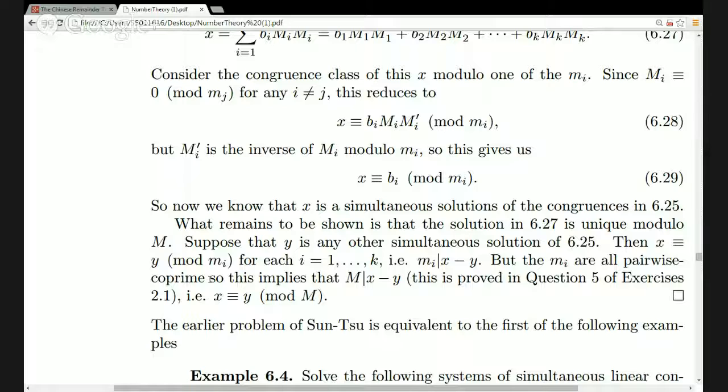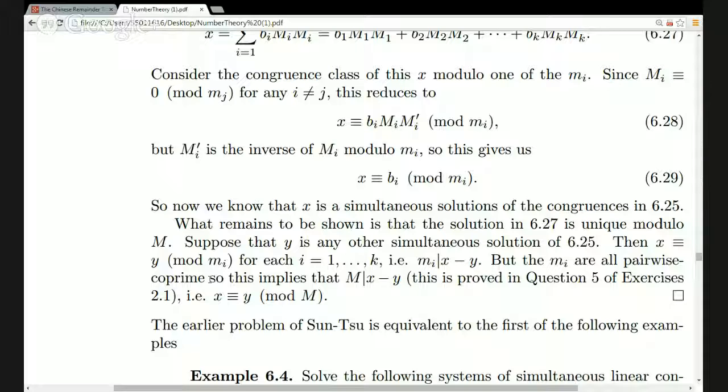It's kind of because each of them is dividing x minus y for different reasons with regard to different prime numbers. So you can glue them all together and the whole lot of them will divide x minus y all at once. Okay? So they're not treading on each other's toes. So we get that capital M divides x minus y.